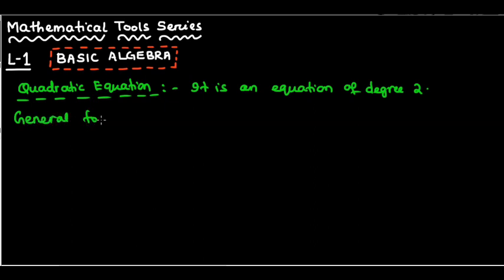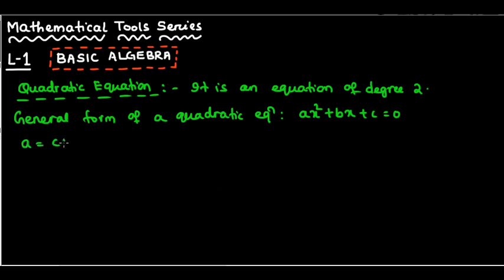The general form of a quadratic equation is ax square plus bx plus c is equal to 0. All of you are acquainted with this form, ax square plus bx plus c is equal to 0. What is a?